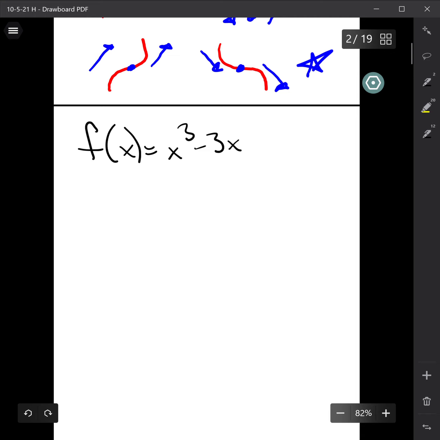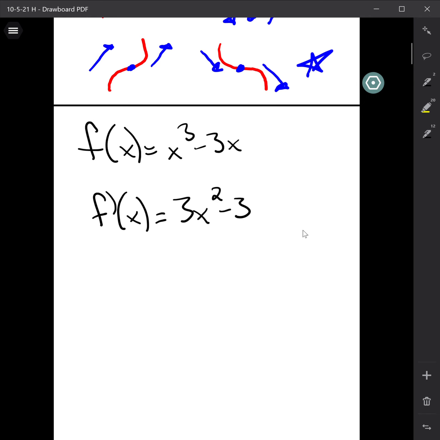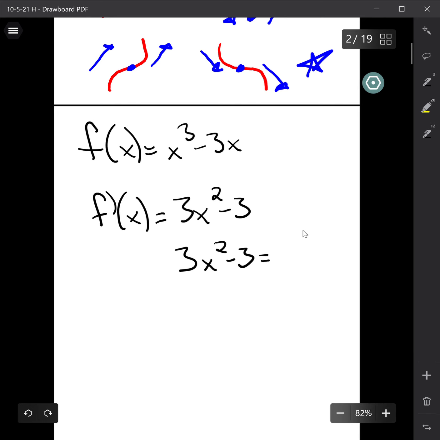Now this is one that we've already done a couple times, so you should actually have a number line in your book. But remember, to get a number line, we first off find the derivative, since we're wanting to know about increasing and decreasing. And then we find where the derivative either equals 0 or does not exist. It turns out, since it's a nice looking function, you're never dividing by 0, it will never not exist, so we just set it equal to 0, which is typically what you'll do.